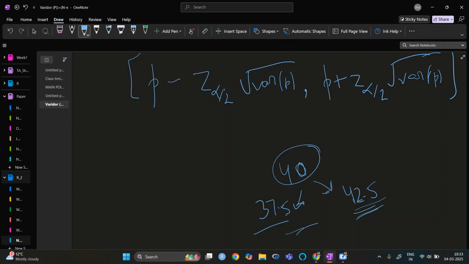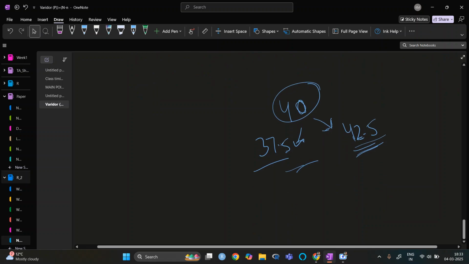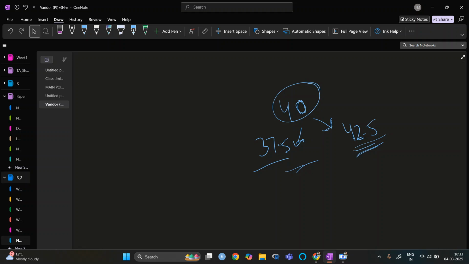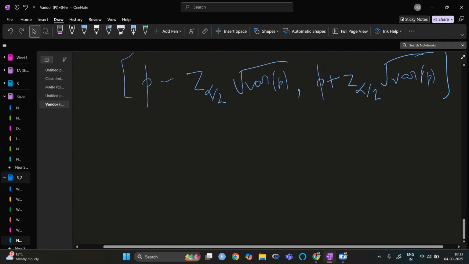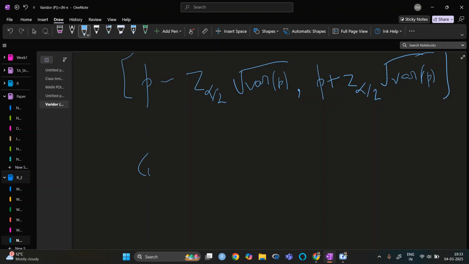In the case of temperature that is okay, but right now we do not have 37.5 people or 42.5 people. Because we are working with a discrete random variable, we need to approximate it with a continuous random variable, and that is called continuity correction.